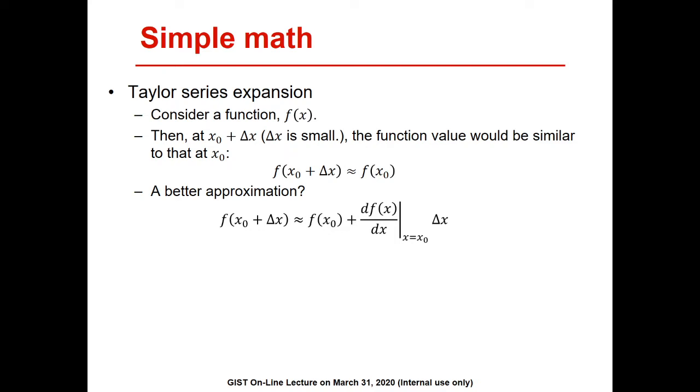Then, the function is expressed by summing two terms, the function value at x0 and a linear term with respect to delta x. The first derivative of f evaluated at x0 is the coefficient for the delta x term. By using the Taylor series expansion, a nonlinear function is linearly approximated near x0.